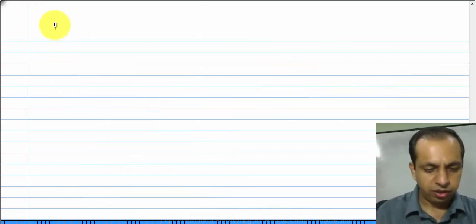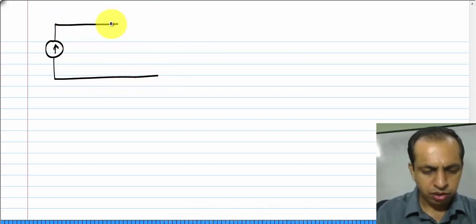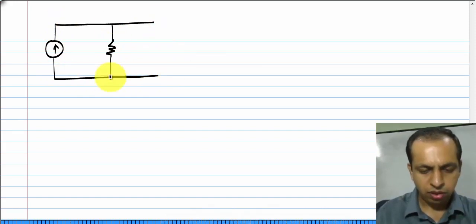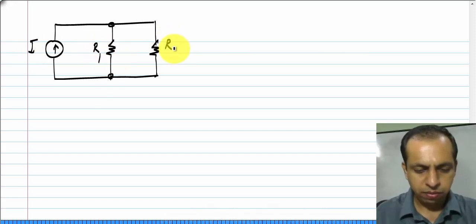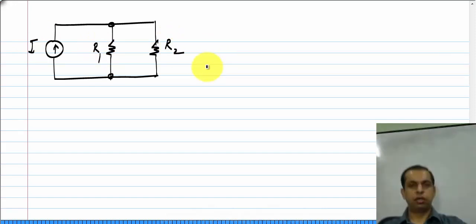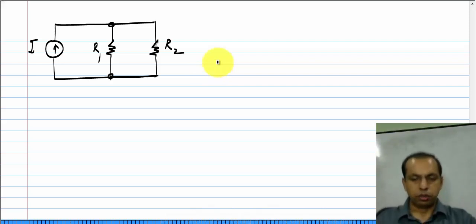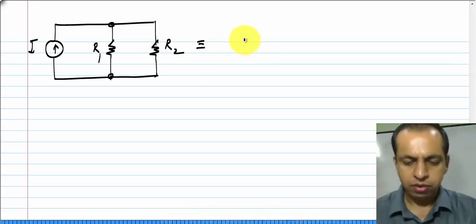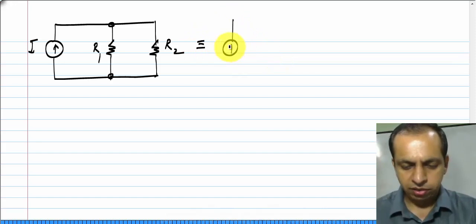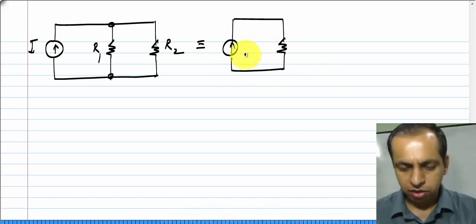Now, let us take the case of, let us say, a current source connected to two resistors in parallel, R1 and R2. So, again you know that this behaves as a current source applied to a single resistor.